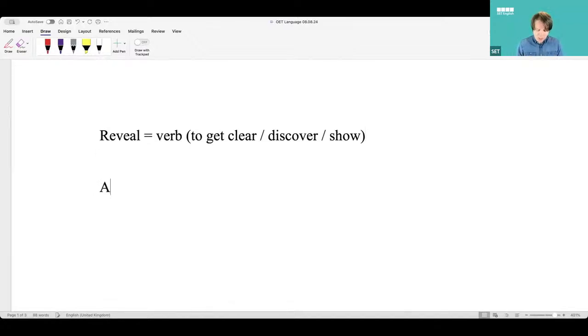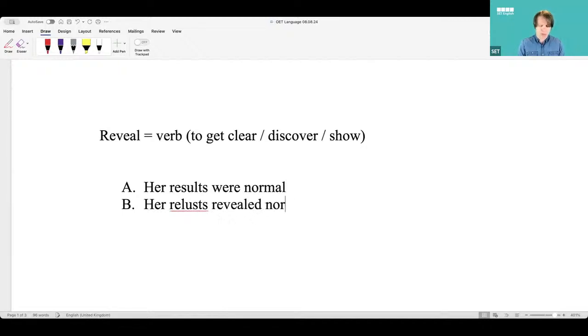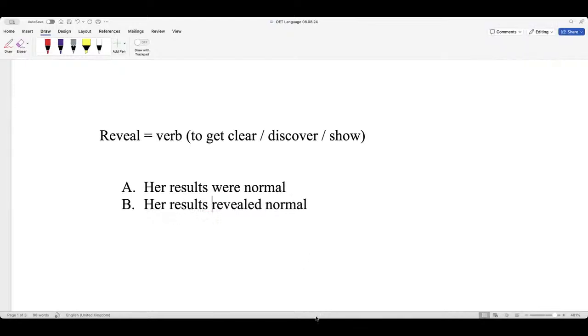Okay. Now, last bonus question. Look at this question. Sentence A: Her results were normal. Sentence B: Her results revealed normal. And I want to ask Mariama, which one is correct?